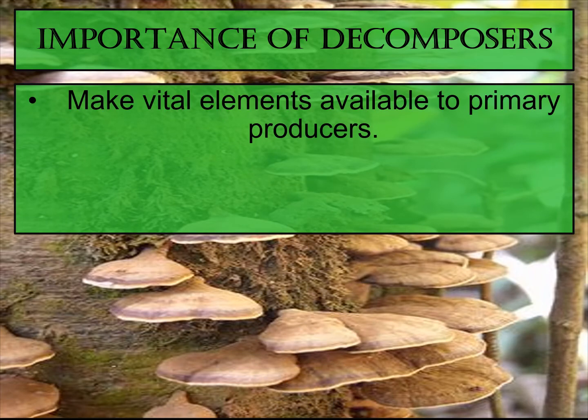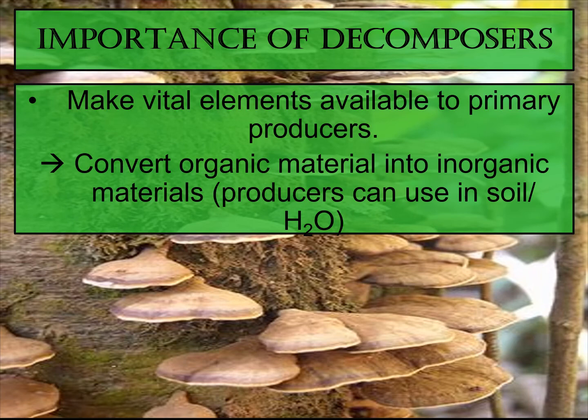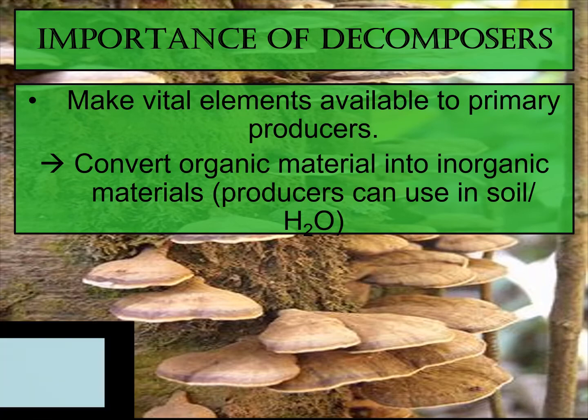They will eat at any trophic level. They will break down dead organic material, and they usually convert it to inorganic materials that are placed in the soil or the water. What's great about them is they really do make important elements available to those primary producers, but those tend to be nutrients and not necessarily energy.